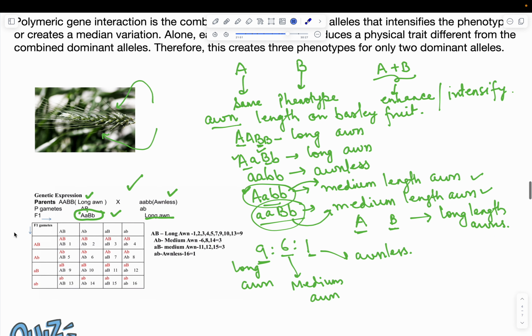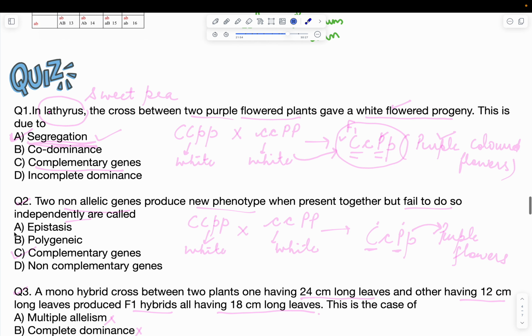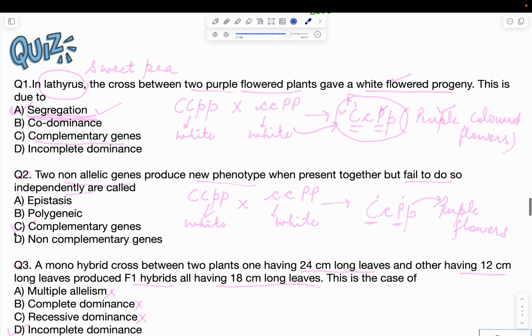Now we will practice some questions on non-Mendelian inheritance. Here they are asking that in Lathyrus, the sweet pea, a cross between two purple flowered plants gave a white flowered progeny. We discussed the purple colored flowers in sweet pea in the case of complementary gene interaction, where a plant with this genotype and a plant with this genotype both produced white colored flowers.